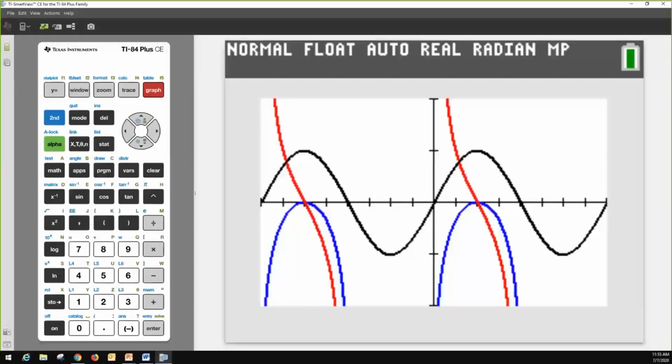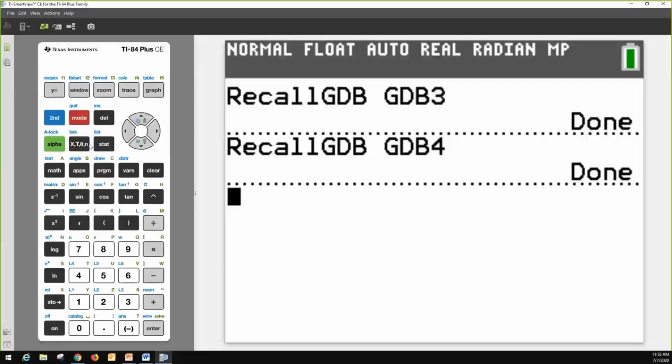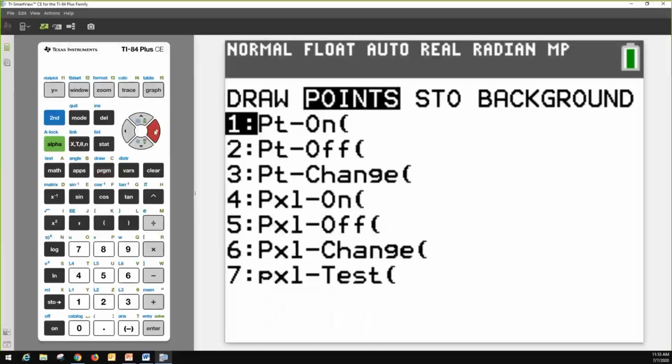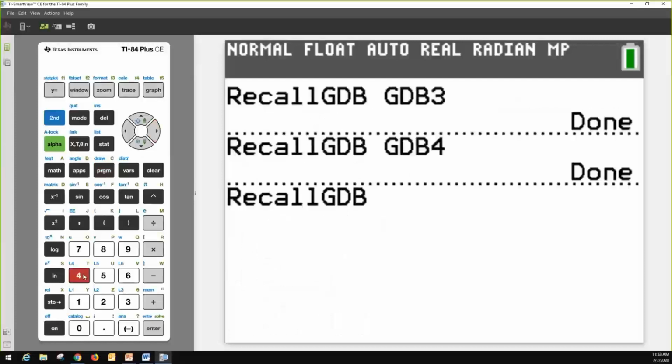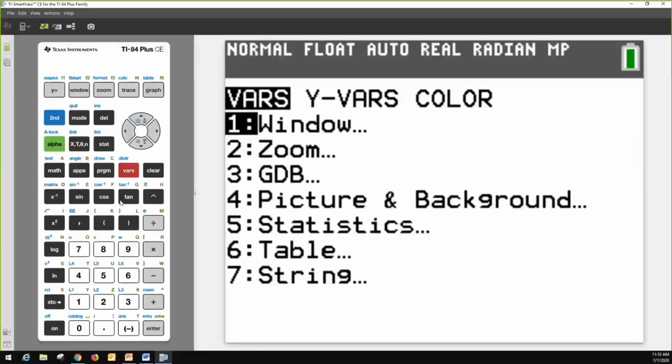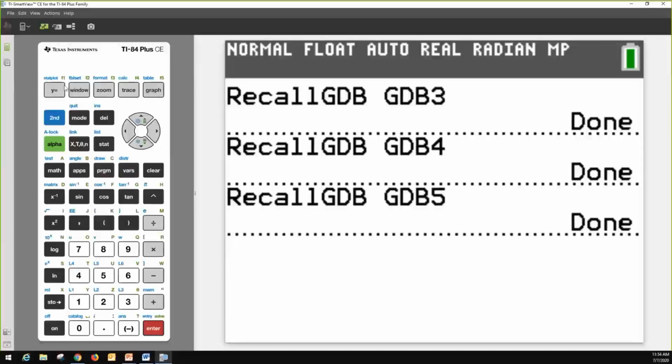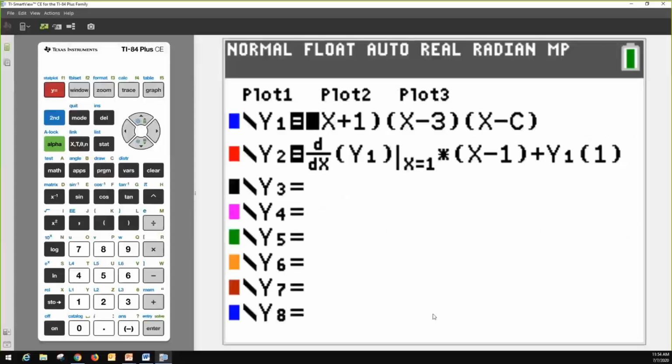Once again, I've taken the liberty of storing my equations in a graphical database. It's only to save time in this presentation. So I'll recall we're doing question number 5, so I stored it in graphical database number 5. So there's my equation in y1, x plus 1, x minus 3, x minus c, and I've done the derivative plus some other stuff.